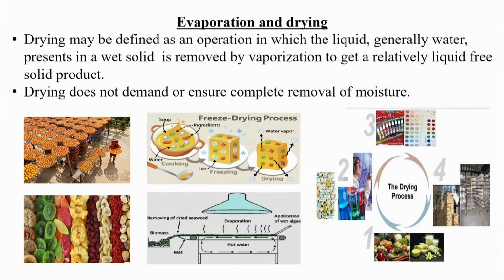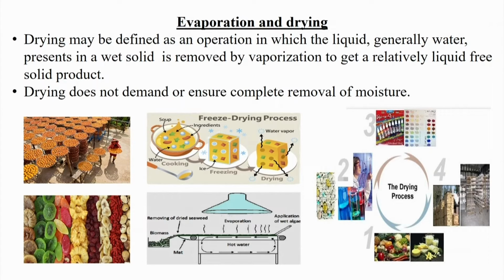So, drying may be regarded as an operation in which the liquid, generally water, present in a wet solid is removed by vaporization to get relatively liquid free solid products. So, drying does not demand or ensure complete removal of the moisture.